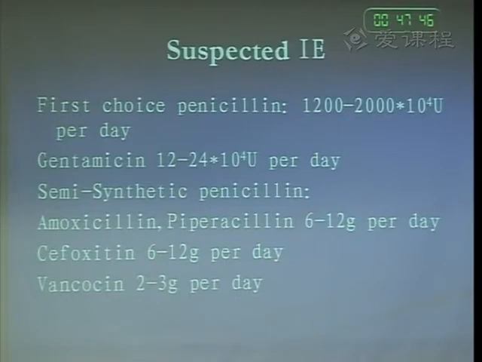For suspected infective endocarditis, the first choice is penicillin. I just said for the subacute, we just choose the penicillin. But some patients are allergic to the penicillin. What can we do next?